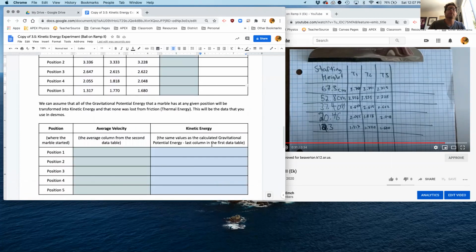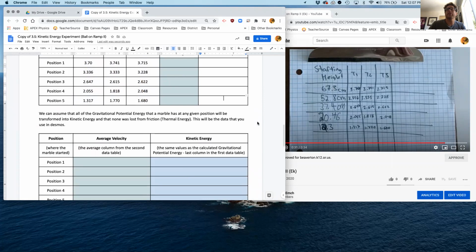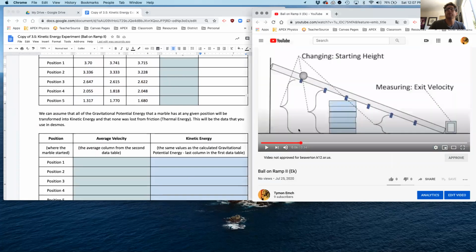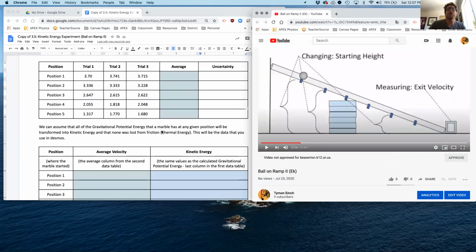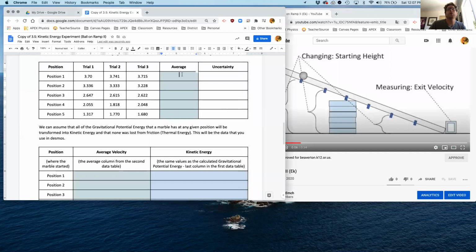Okay, so position 1 started at 67.3. So we can go right here, position 1. We can say that the velocity was whatever we got right here. I'm actually going to do that just to show you an example.